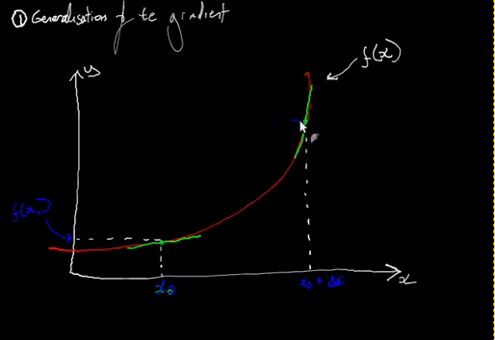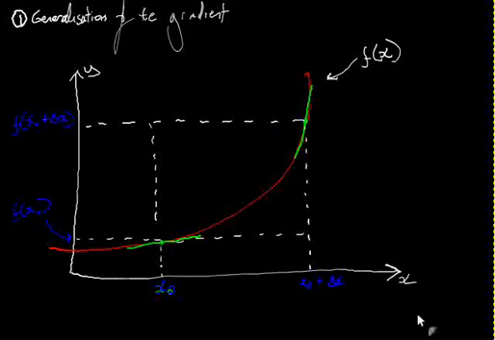Now we can see here that at the point x0 the height of the function along the y-axis is f of x0, because this function is f of x, so the height here at the point x0 is equal to f of x0.